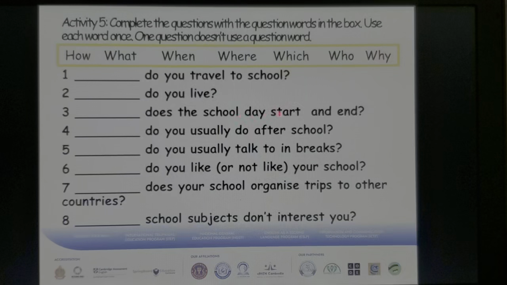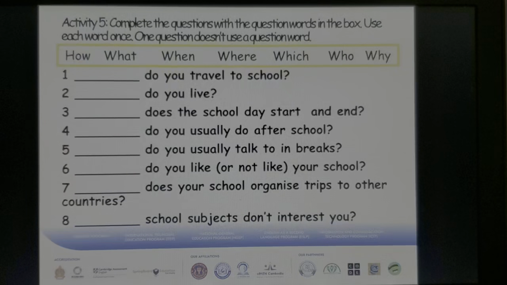Does the school day start at the end? Oh, I forgot to tell you one more thing. Here, one question doesn't use a question word. So one question doesn't use a question word, not all. Okay. So one, how do you travel to school? What do you, or when do you travel to school, or where, or which, or who, or why? Okay. So when.